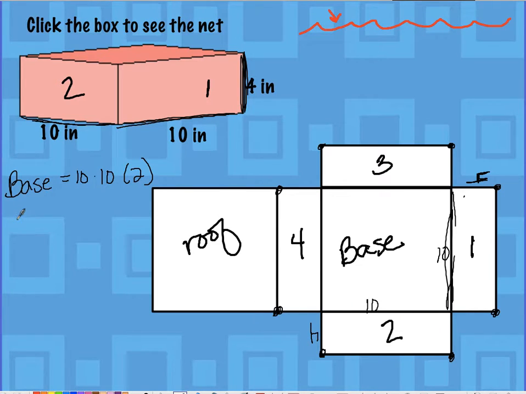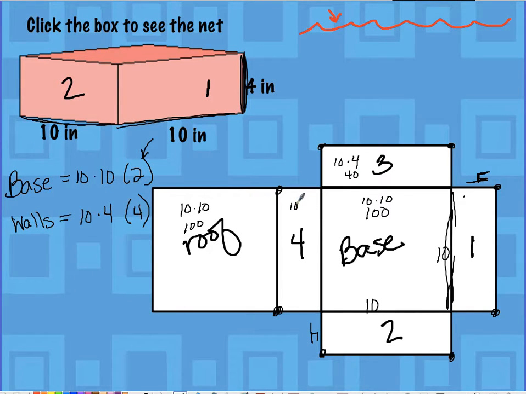So all 4 of your walls are 10 by 4. And you know that you have 4 walls. And then your roof, you already put in with your base. So here, again, like when we talked about composite figures, remember, you can write this in here and it helps you break it down. So you know this is 100. Well, this should also be 100 because this is also 10 by 10. And this one is 10 by 4, so that's 40.